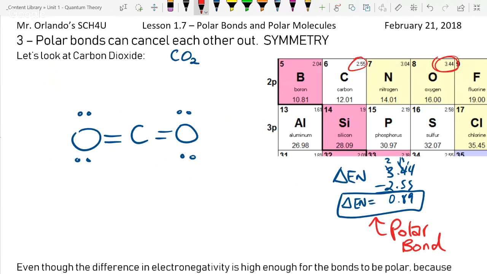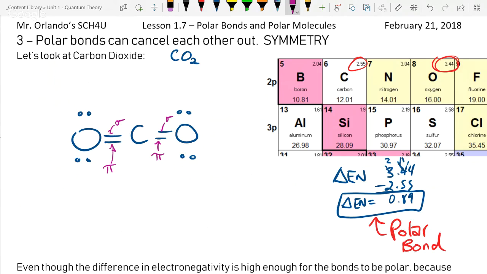If we look here, from carbon to oxygen, which way should the arrow point? Oh, actually, before we do that, really quickly, what kind of bond are these? This bond is sigma. This bond is pi. This bond is pi.